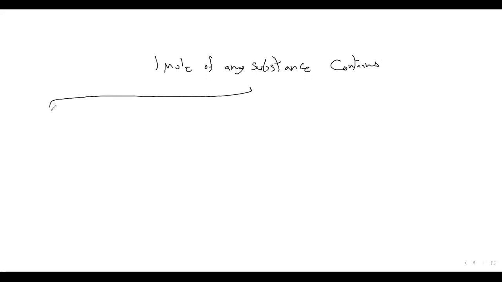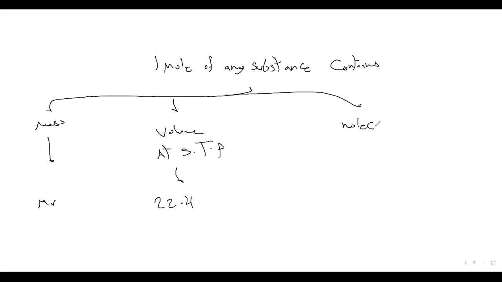So again, 1 mole of any substance contains a mass equal to the molar mass, volume at RTP or STP equal to 22.4, and number of molecules equal to 6.02 times 10 power 23.